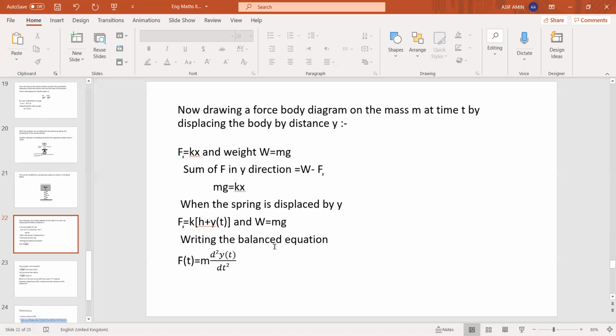Writing the balanced equation, we get F(t) equals m times d squared y(t) over dt squared. This indicates that the distance is being differentiated once, which gives the velocity, and the velocity is being differentiated again, which will give us the acceleration.